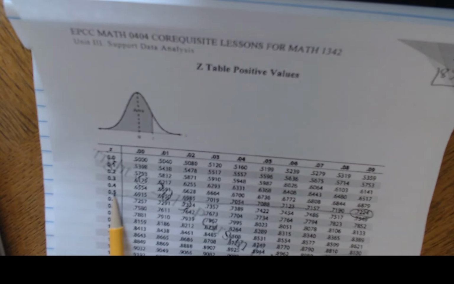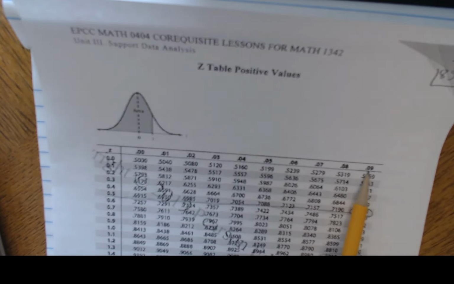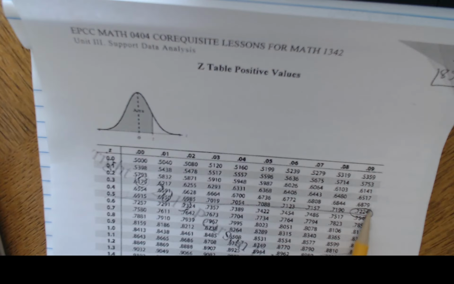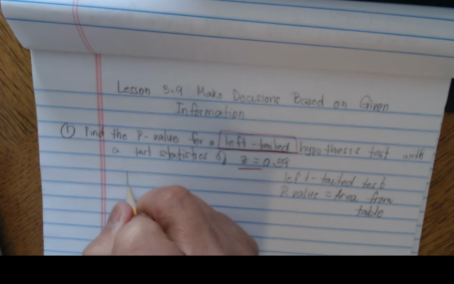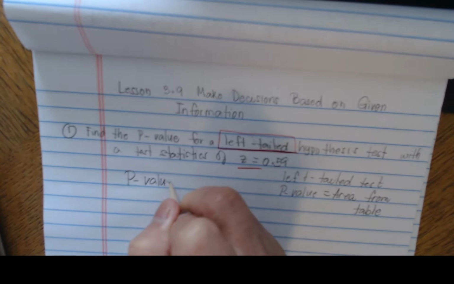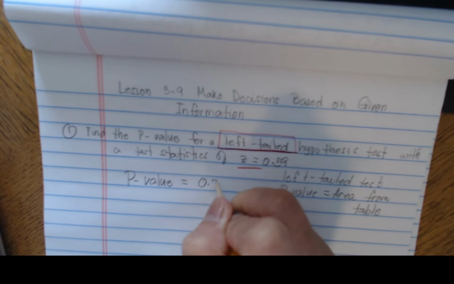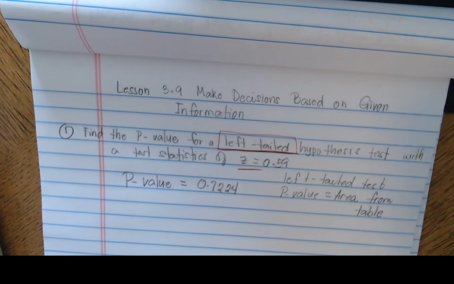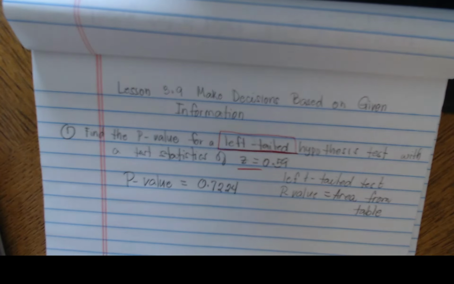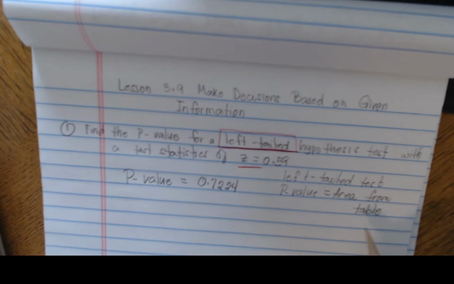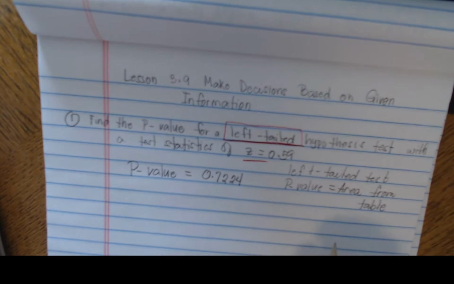So you get this table, 0.5, the first digit will be right here, and then the second digit you look up, the ending is 9, so therefore 0.09, the intersection is 0.7224, so our p-value is equal to 0.7224. So that's how you find the p-value for a left-tailed hypothesis test.